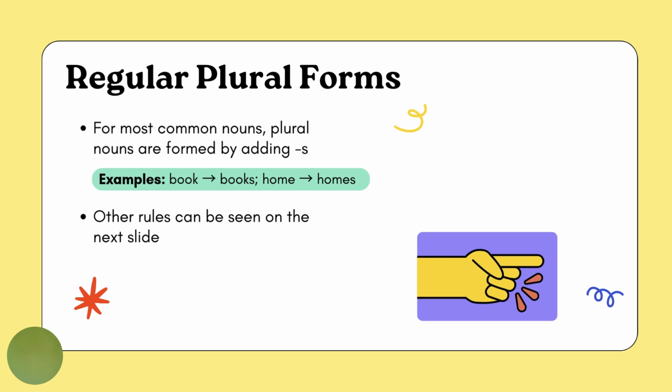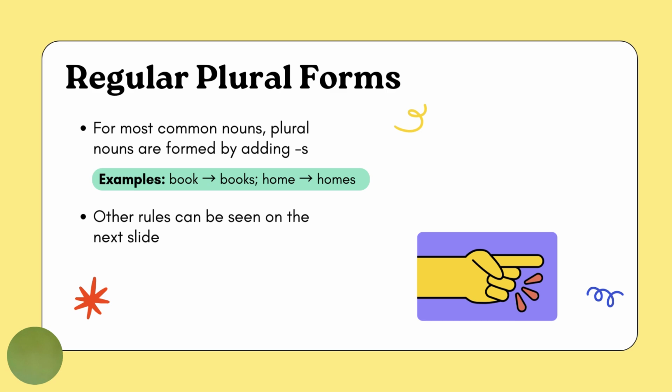The next one. Again, I said before that there are regular and irregular forms. For the regular, there are some rules that you have to remember. However, most nouns are just added by s. So you can say book to books.